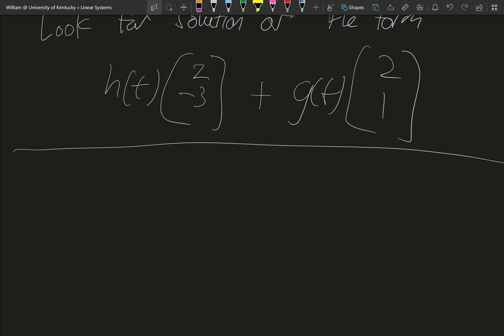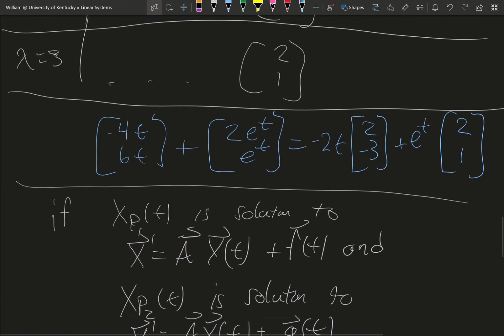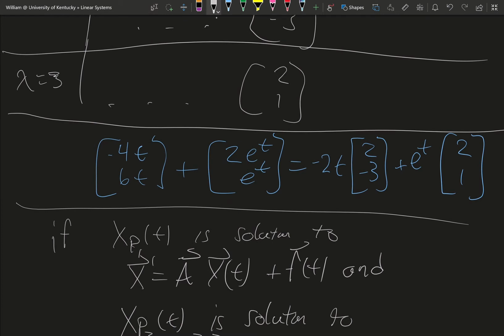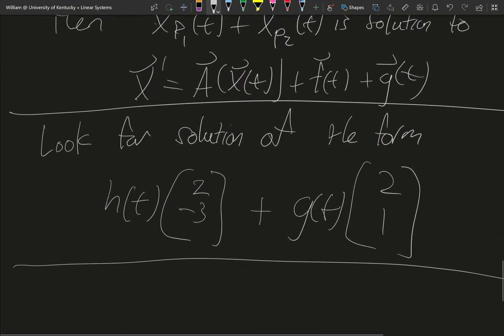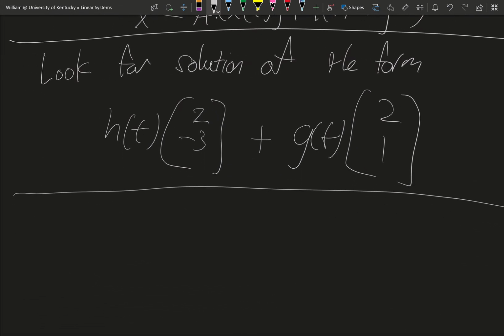And really, what we're going to do is find some h of t, which is just going to give us this part because it matches the corresponding eigenvector. So we're going to have xp first equals h of t times 2, negative 3.